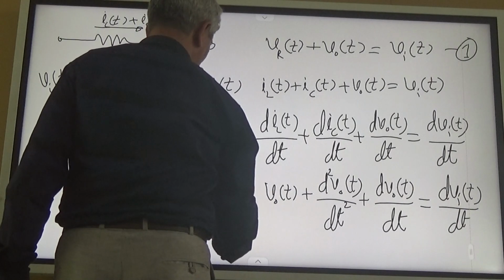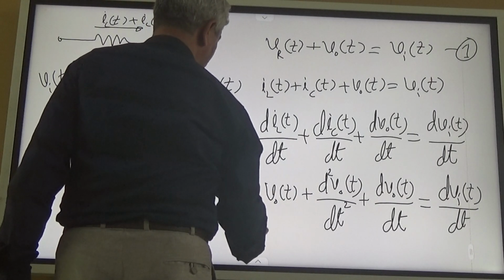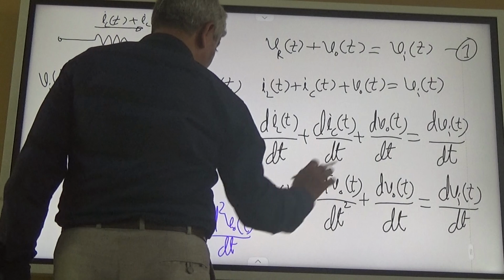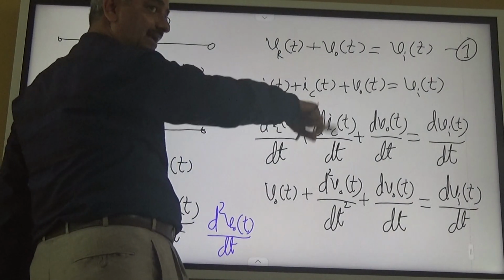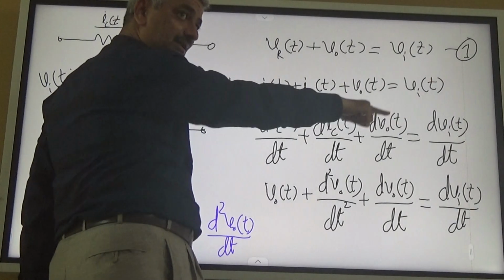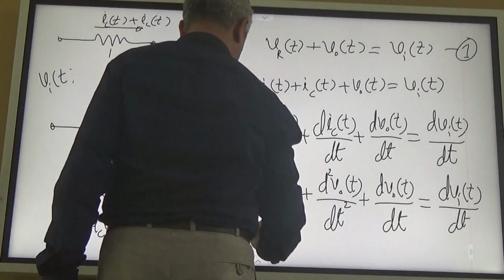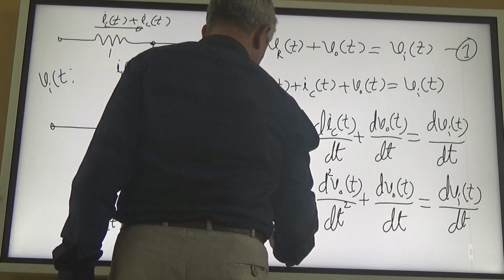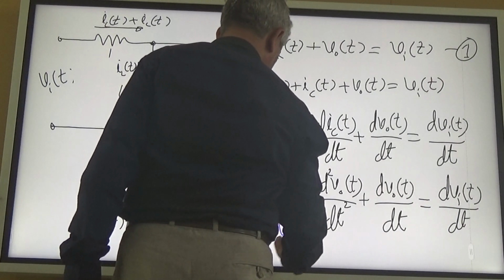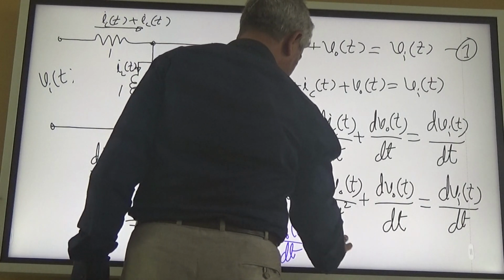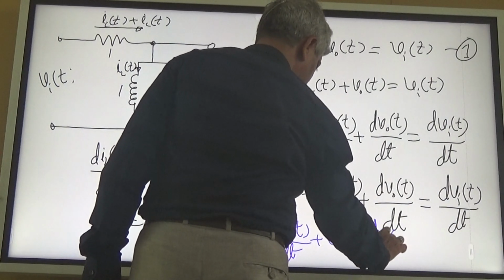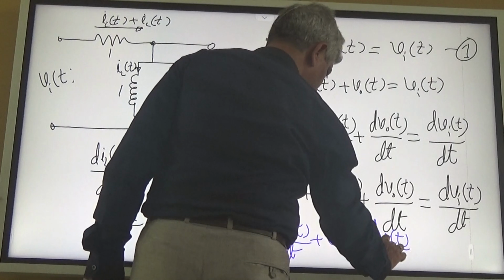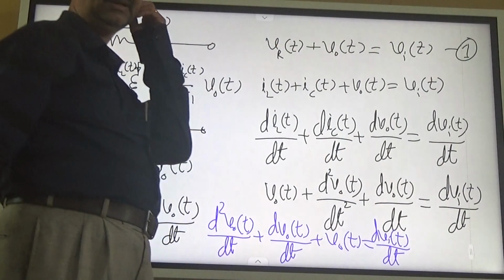It is same as the previous one, only thing is on the right hand side we have what? Differential. In the previous case, when R, L and C were there, on the right hand side it was only V. Now it is dVNT by dt. This is the final equation, right?